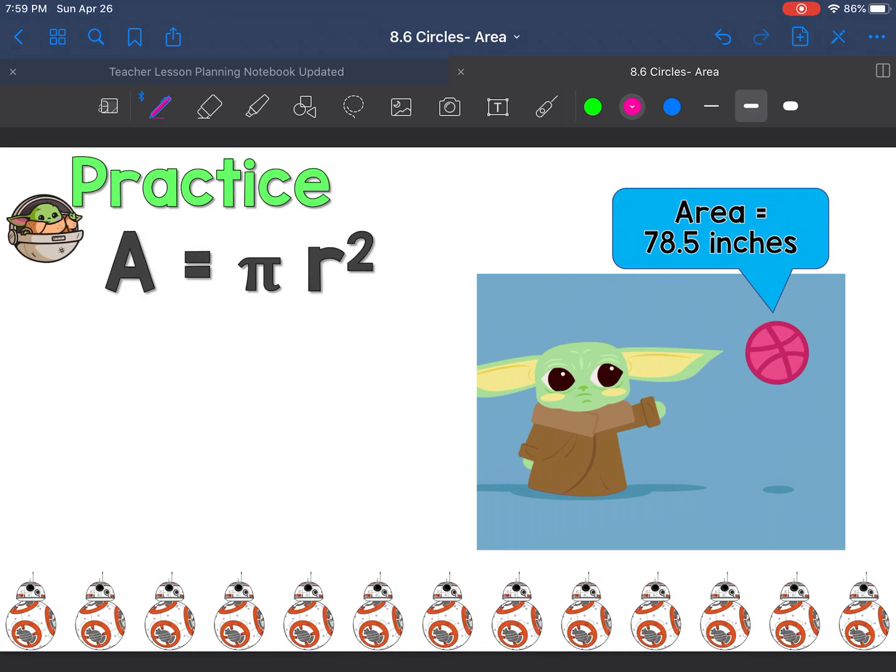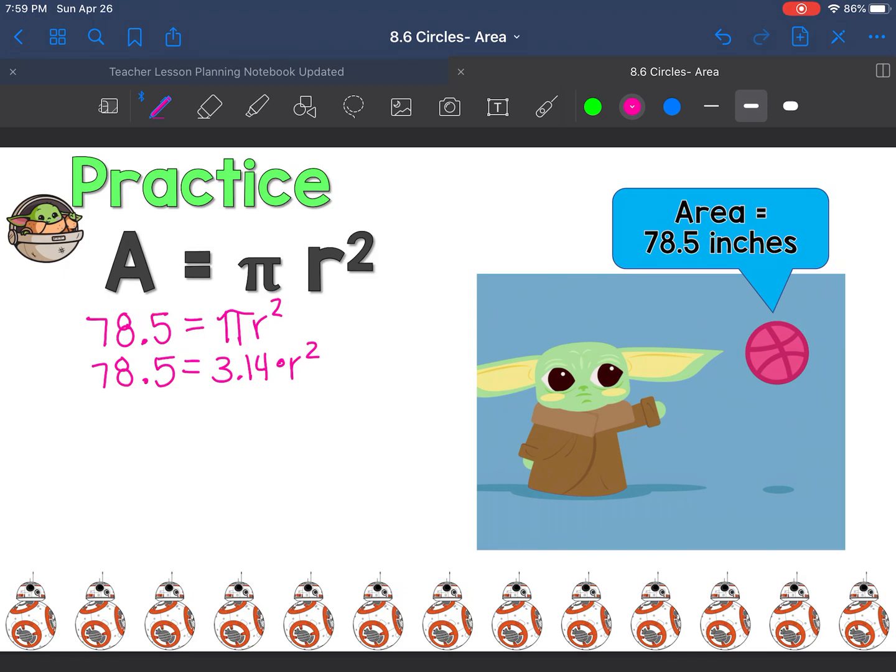So it's not going to be area equals, it's actually going to be 78.5 equals pi times r squared. I'm going to substitute what I know pi is, the 3.14 times r squared. Now, right now I need to get my r squared by itself.